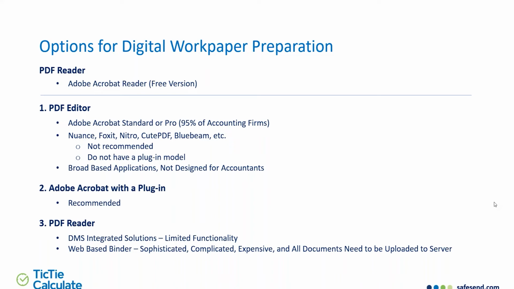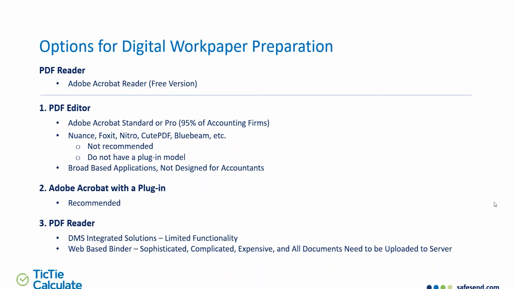There is one web-based, very sophisticated solution out there in the marketplace created by SurePrep, and it's called SP Binder. It is the most advanced electronic workpaper preparation solution out there. Again, it is a web-based solution, so all your documents are uploaded to their servers. It allows you to combine PDF, Word, Excel documentation into a single workpaper set.